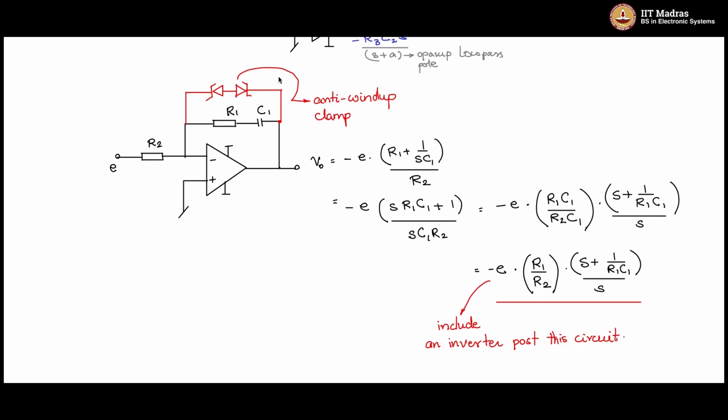So this PI circuit can be converted into a PID circuit, same single op amp. I will put one more summing point element here. So let me add one capacitance and series resistor. Call this R3 and C2.